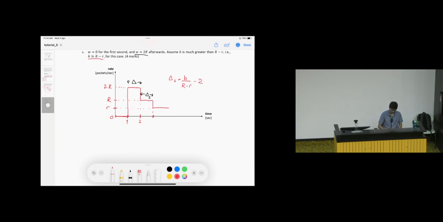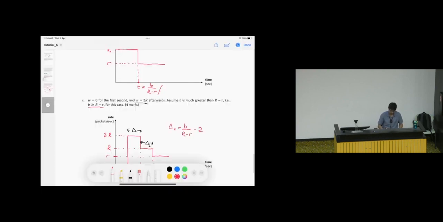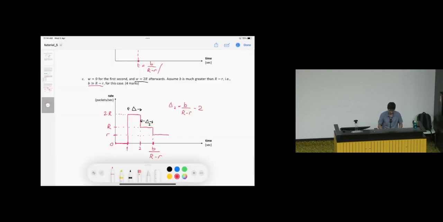And if I look at this time instance, because it happens after time 2, this is B over capital R minus r. Same as question B, in fact. And it is expected that this is also B over R minus r, because until that time, I always removed capital R tokens per second from my bucket, and I added small r tokens per second.